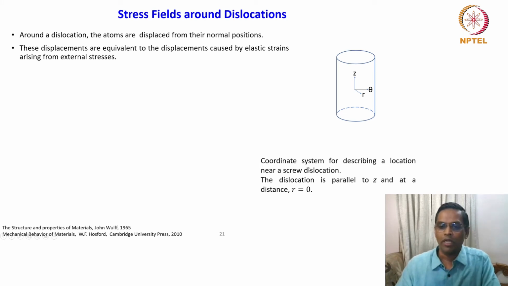This coordinate system is for describing a location near a screw dislocation. The dislocation is parallel to the z-axis and at a distance r equal to 0. So it is parallel to z, and the r component is 0 there. The equations given here assume isotropic elasticity.